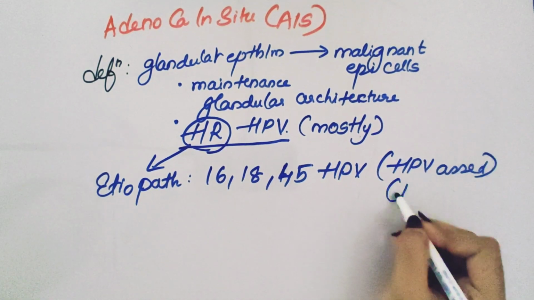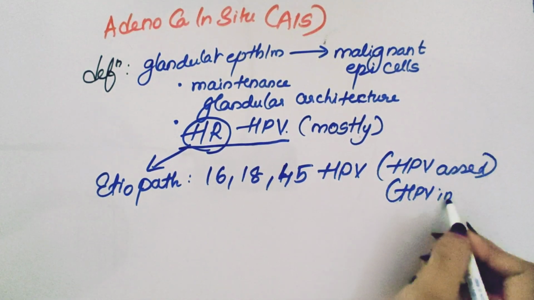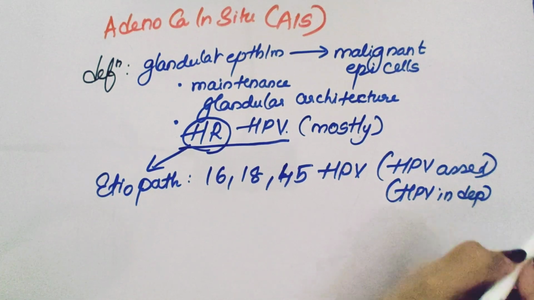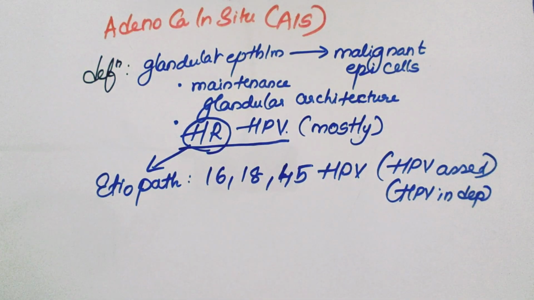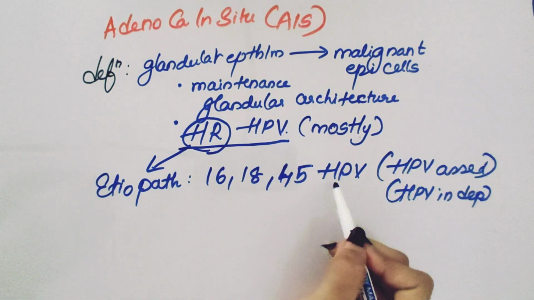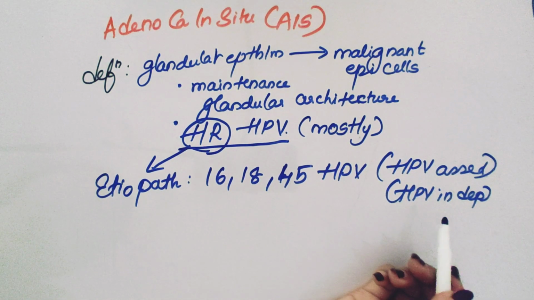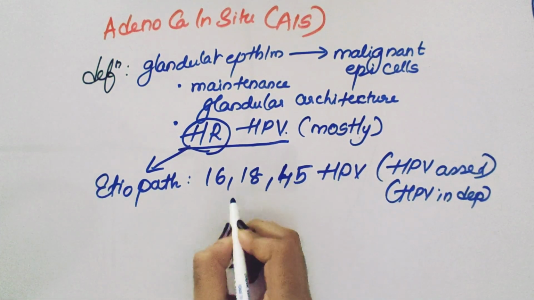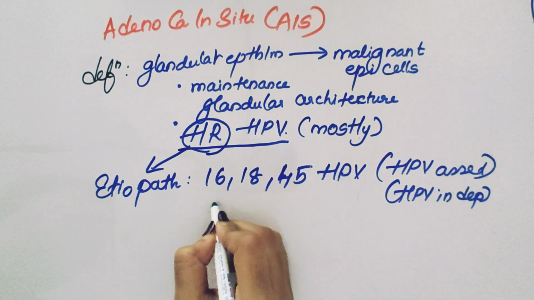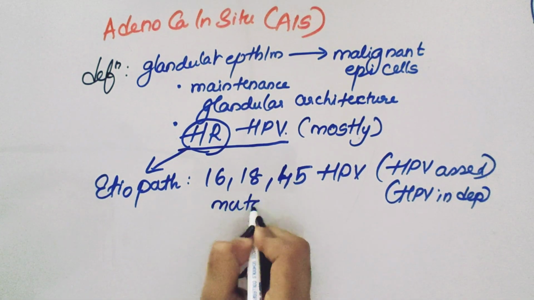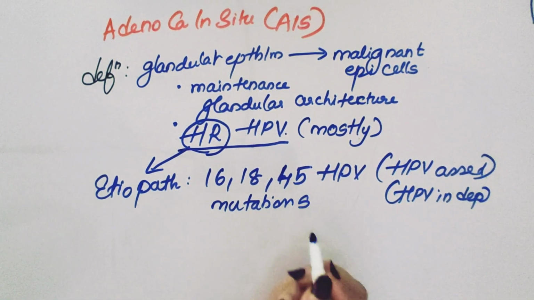Then what will be for HPV independent? You should always think why, and not only mug up whatever is written in your textbook or whatever books you refer. So if for HPV associated the cause is HPV, then what should be for HPV independent? As always, for any carcinomas, the first thing you will be telling is mutations, that is genetic mutations.